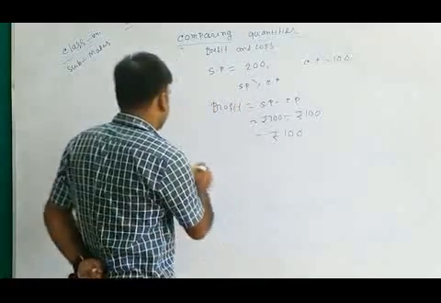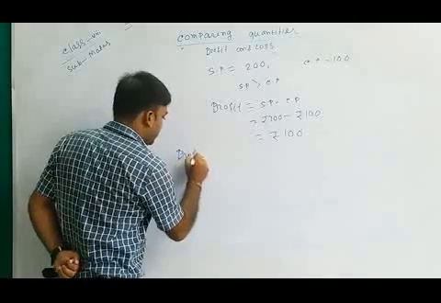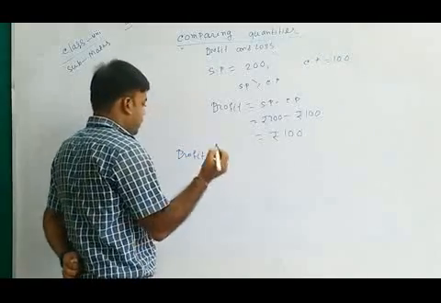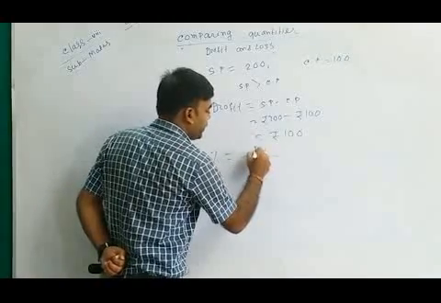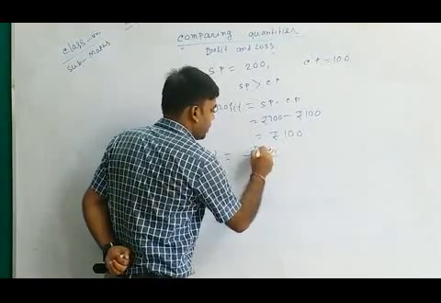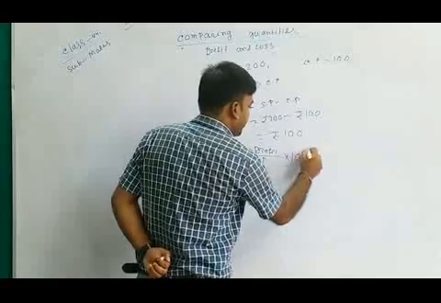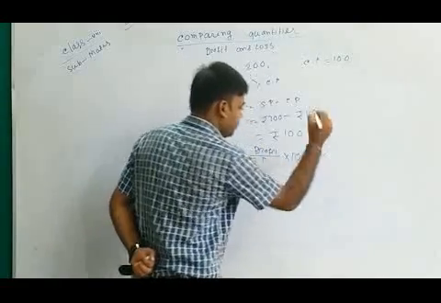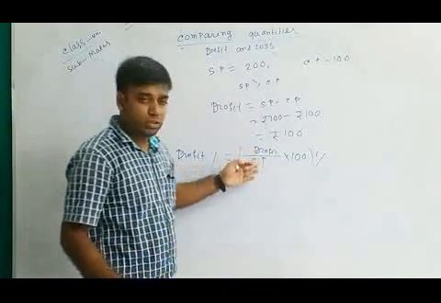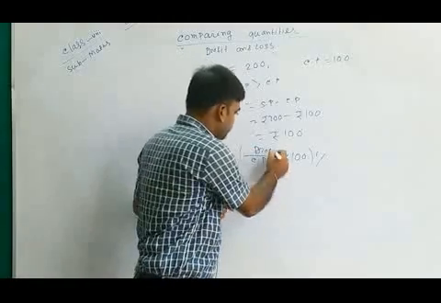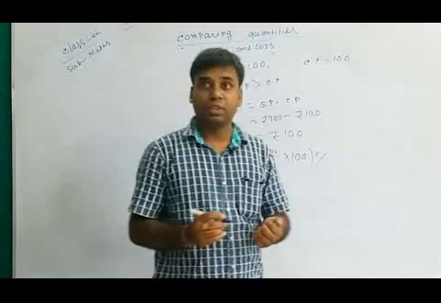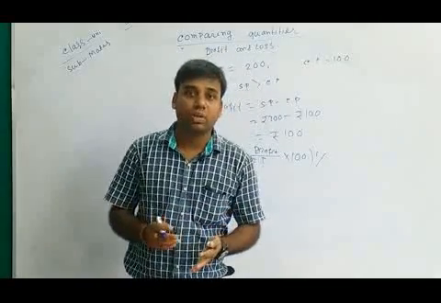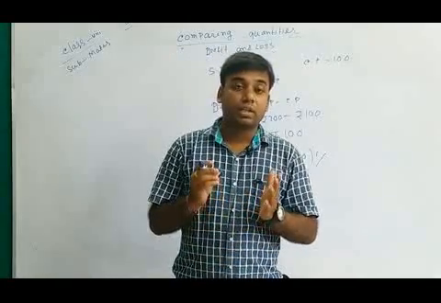Now we have to find the profit percentage. Profit percentage equals profit by CP into 100 percent. Just watch it and note it down. Profit and loss are always calculated on CP.